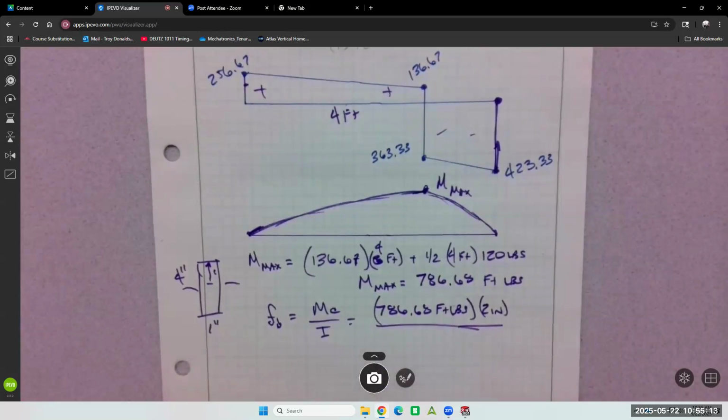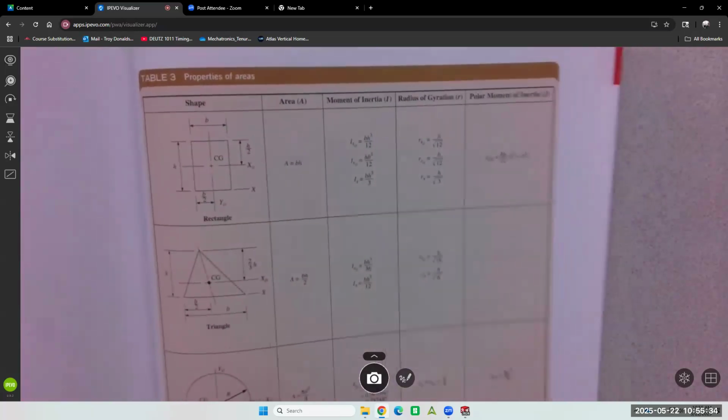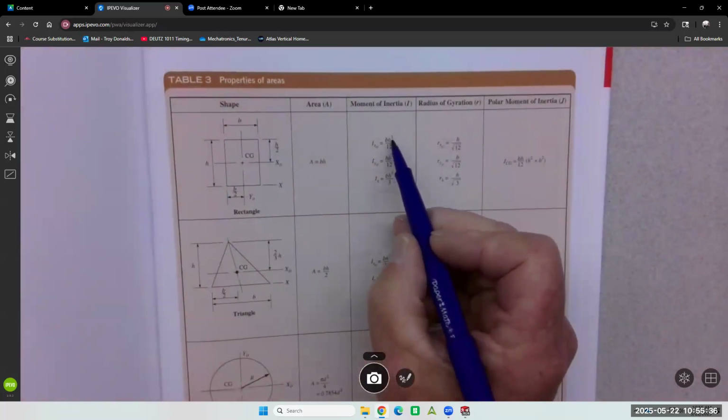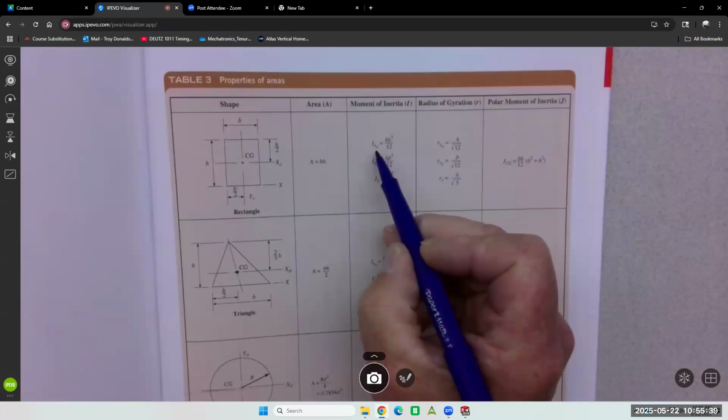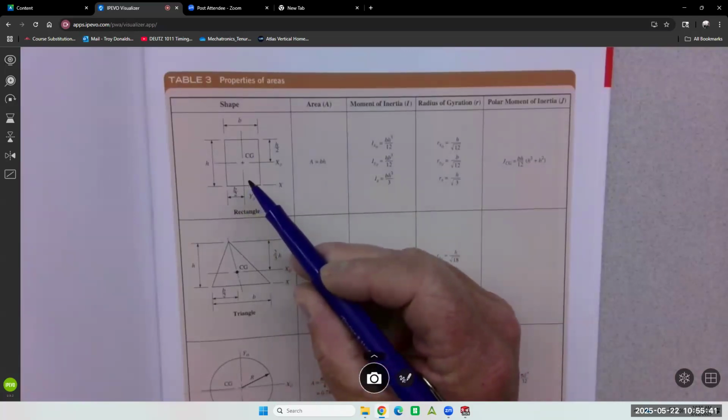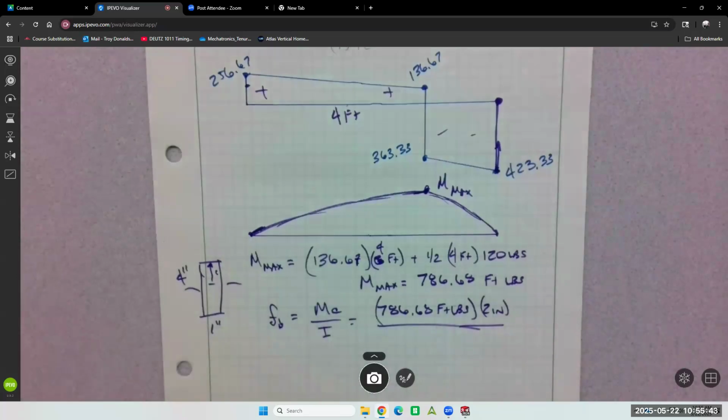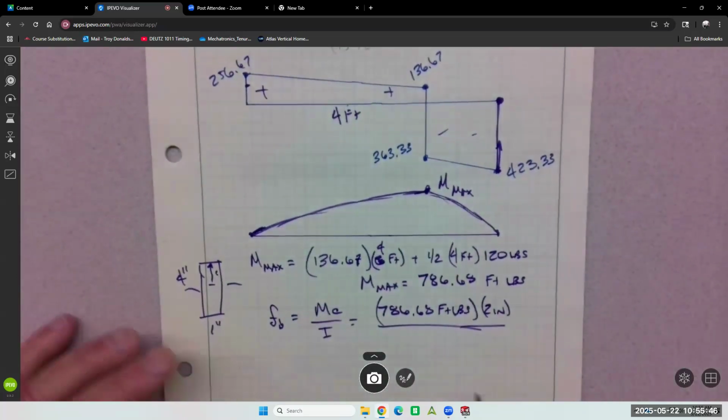over I. So inertia for a rectangle is in the back of the book. So we just look up that formula for a rectangle. I think it's base height cubed over 12, but I'll check it. So inertia, base height cubed over 12 for the X, for a rectangle. 4 times 1 cubed over 12.